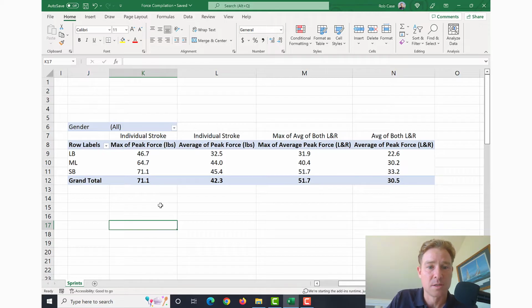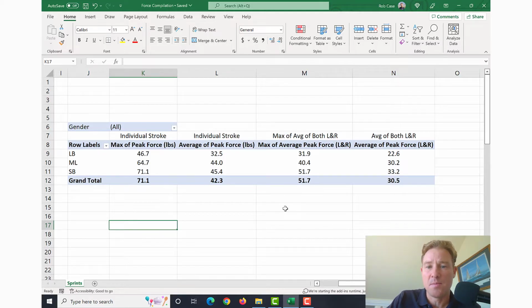The averages of the peak force of an individual stroke, the longboard was 32.5 pounds, the mid-length was 44 pounds, and the shortboard was 45.4 pounds. So there, the difference between the mid-length and the shortboard was not all that much. Found that pretty interesting.